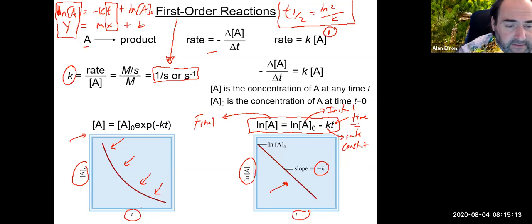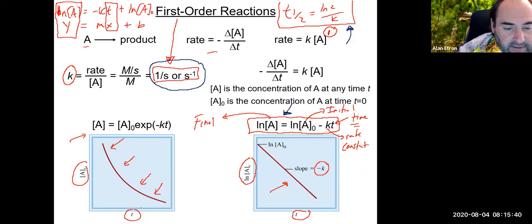So in terms of importance on this slide, there are a couple of things to understand. It's really important to know the units associated with the first order rate constant. It's important to know the integrated rate law for first order. And also, as we'll see in a second, the half-life equation.